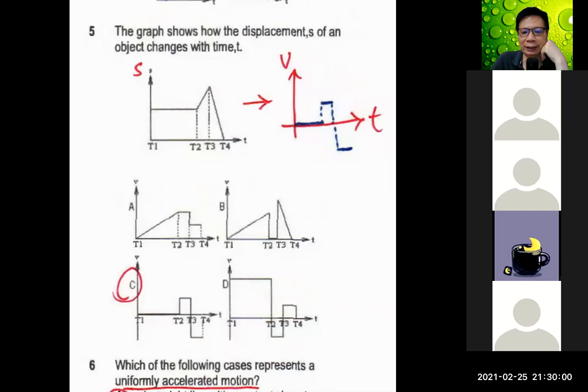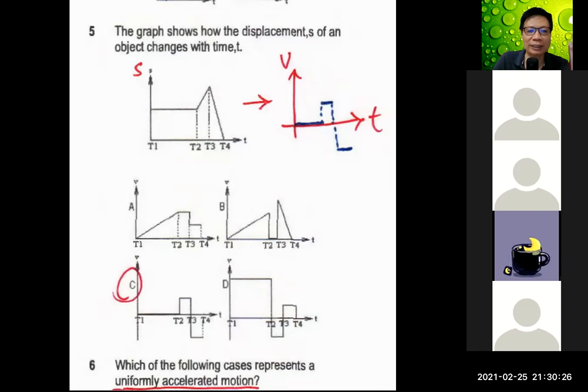Okay, number 6. Which one is correct? Uniform accelerated motion. Which one is uniform acceleration? Now Bernard, how again? Bernard says C. Bernard, are you sure the answer C?